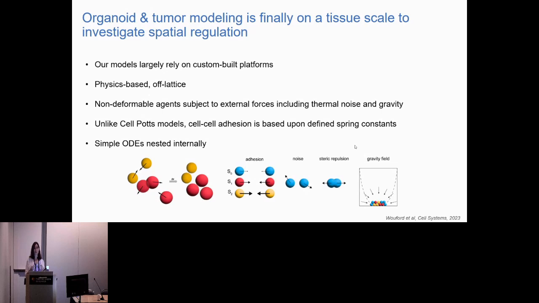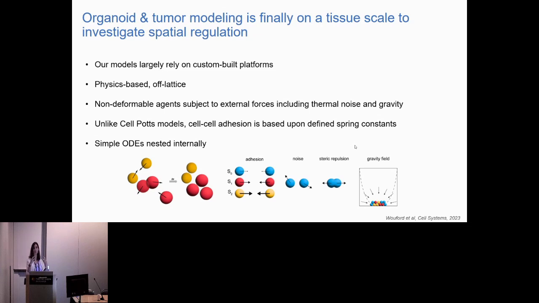We prefer to use a physics-based off-lattice methodology with non-deformable agents. And then we subject them to various external forces and consider the cell-cell interactions as spring constants that have defined elasticity associated with those. So we can consider the steric repulsion and adhesion that result from those springs.